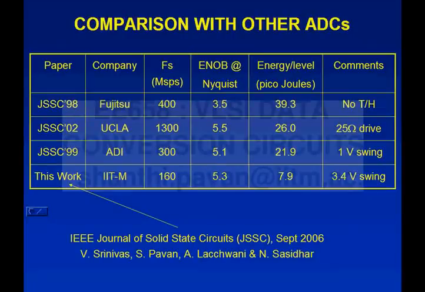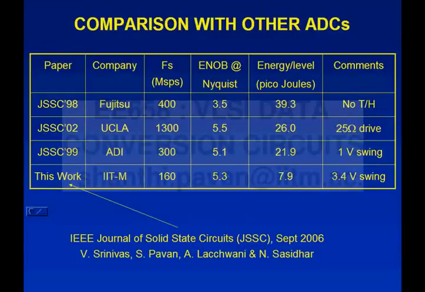You can then put this in comparison with a whole bunch of other data converters that have been reported in the Solid-State Circuits Journal over the years, and you can see that this one by Analog Devices is a good state of the art converter, and they run in the same technology.